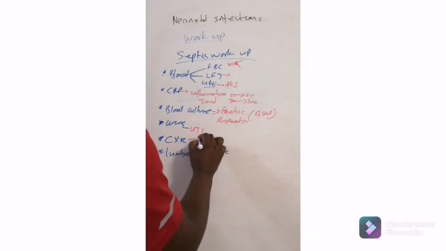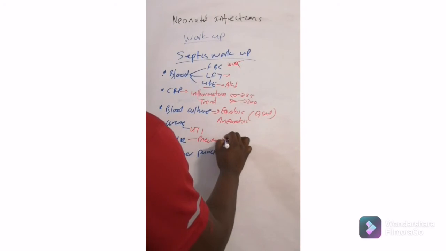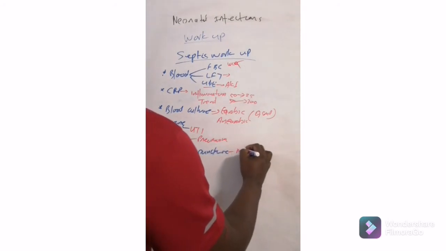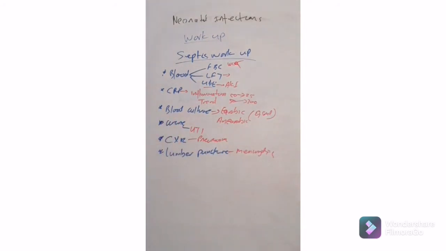So checking for pneumonia, meningitis, septic workup. Yeah, these are things that we do for septic workup, because you want to find the actual pathogen that is causing the infection.